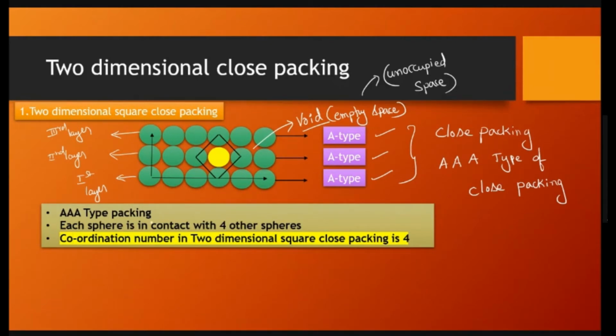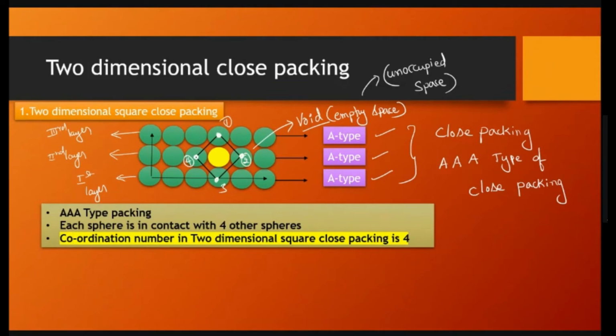Each sphere in this close packing is touching 4 other spheres. You pick any sphere in this close packing, and it is going to touch 4 other neighboring spheres. Mark this as 1, 2, third sphere, and then fourth sphere. This is 1, this is 2, this is 3, and this is 4.